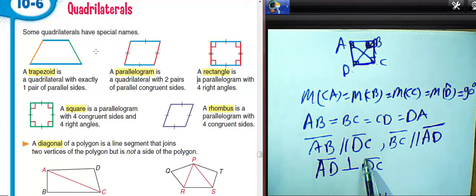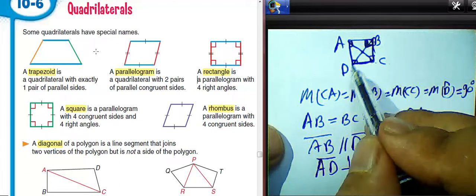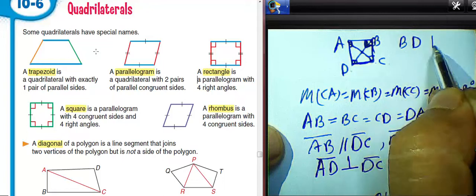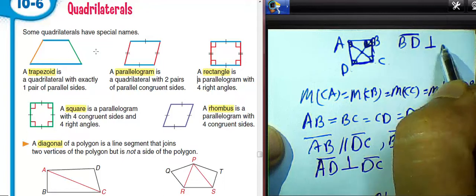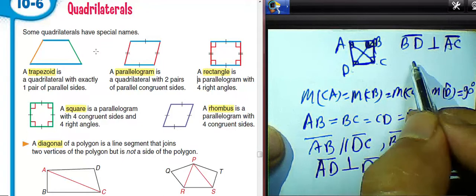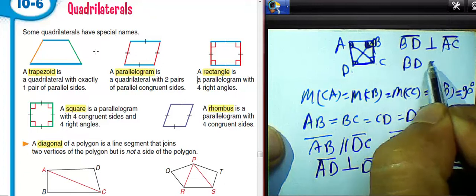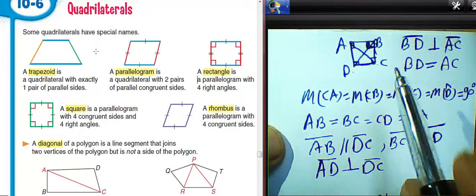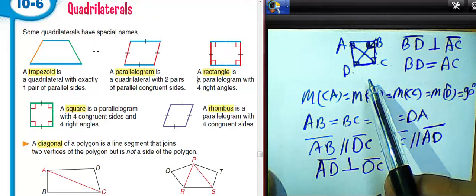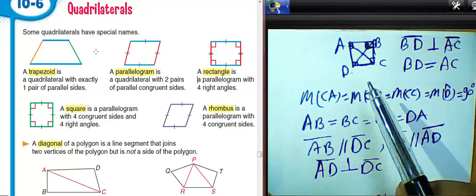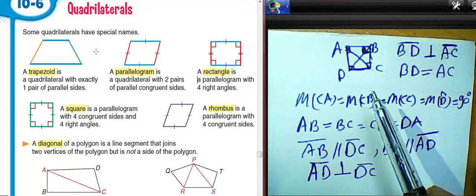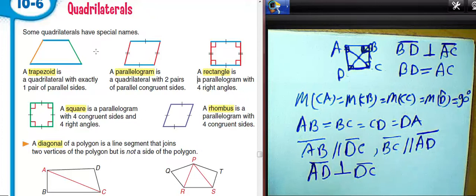Okay, what about the two diagonals? Diagonal BD is perpendicular to AC, and BD equals AC. The two diagonals are equal in length, bisect each other and are perpendicular. These are the properties of the square. And what about rhombus?